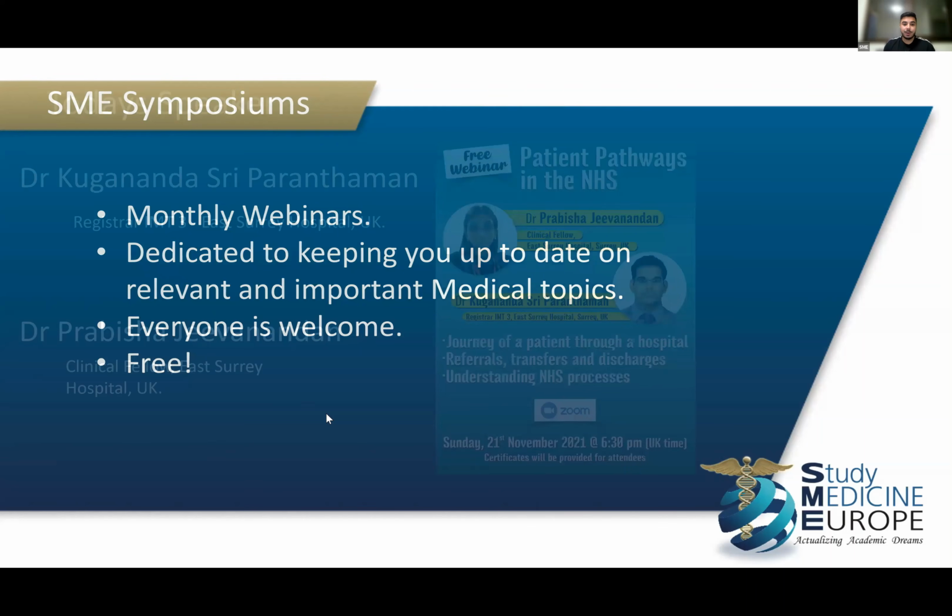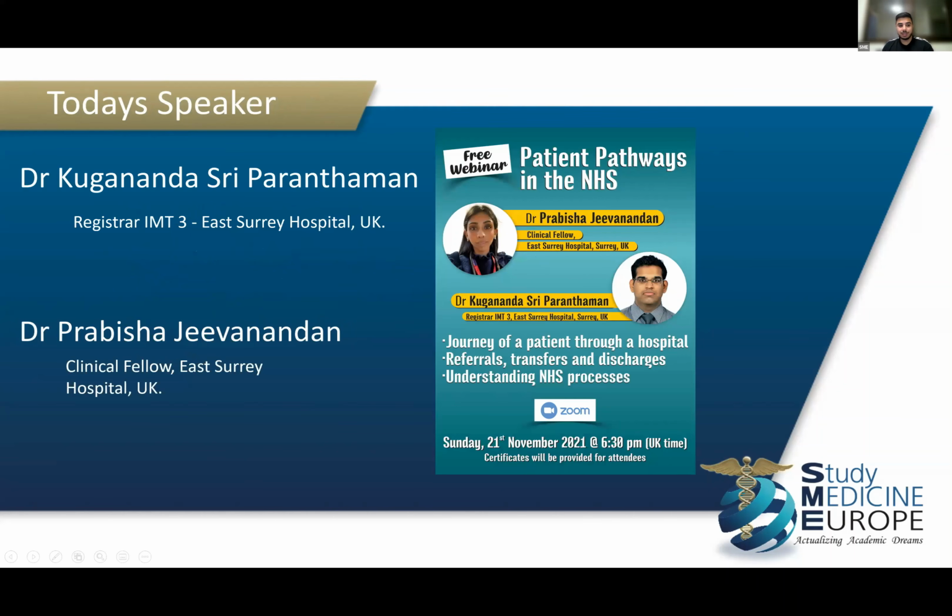So today we're having two very amazing doctors with us, Dr. Coogan and Dr. Prab. I reached out to them regarding something very near and dear to my heart, because when I was doing electives, one of the things I couldn't understand were patient pathways in the NHS.